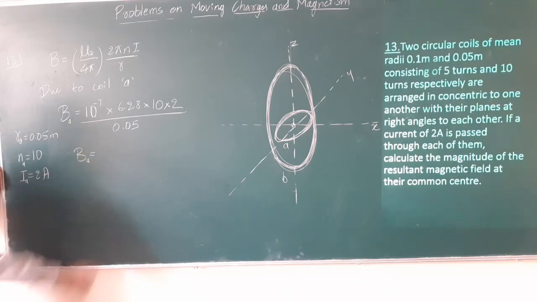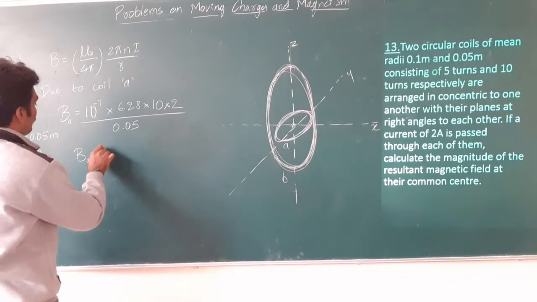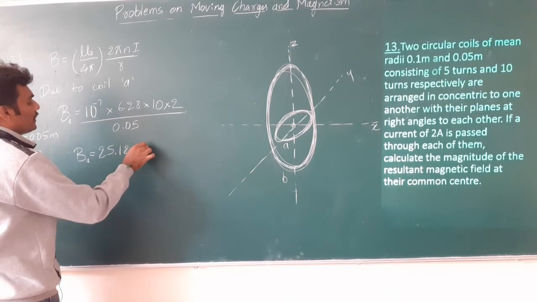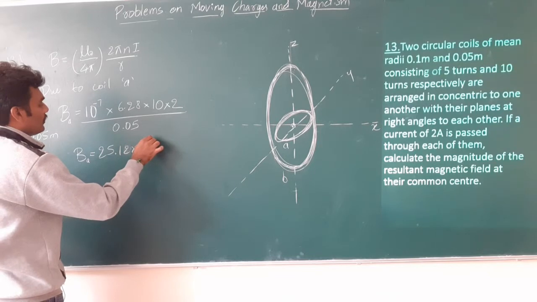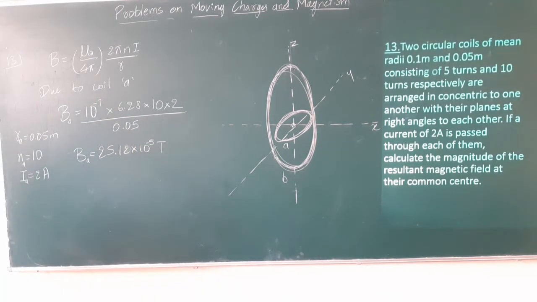So BA due to the inner coil shall be 25.12 into 10 to the power of -5 Tesla. So this is about the magnetic field due to the smaller coil.